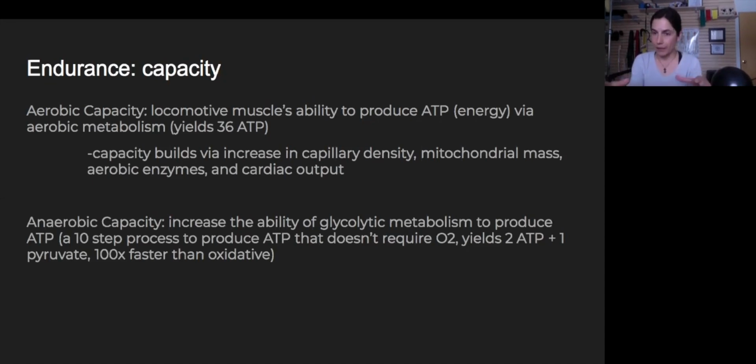And if pyruvate isn't dealt with, it breaks off into lactate and a hydrogen ion and ends up creating the cellular acidosis that we're all familiar with that ends up shutting down work at a certain point. So we need anaerobic capacity when we want to use that engine, but for most of what we want to do, which is sustained endurance type travel or performance, we want to be really utilizing our aerobic metabolic pathway because we're going to be able to sustain that work longer.